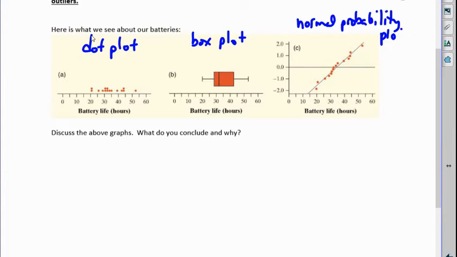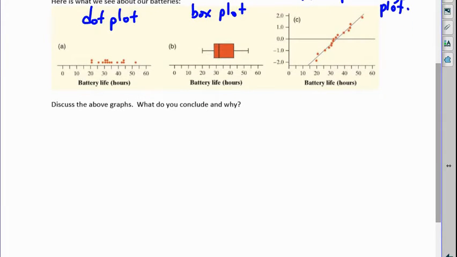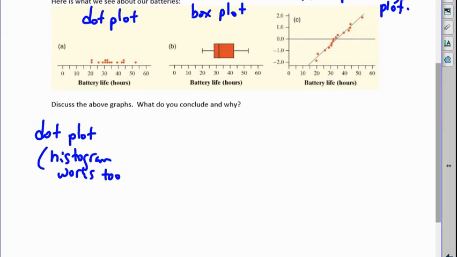And if you're checking the conditions as part of the AP test, you'd want to provide a rough sketch of these graphs, or they might give you the graphs and you have to discuss them. So in the dot plot, which, a histogram would work too, what we're seeing is that there is no clear skew.